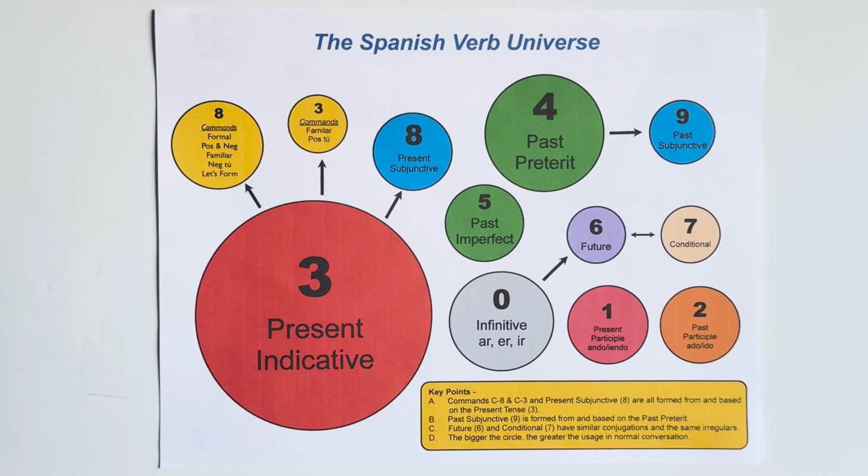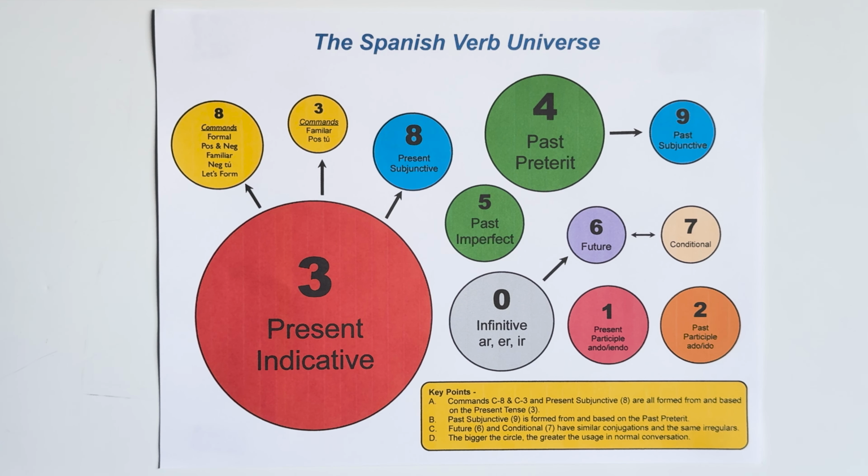That's why when we talked about that engine, the engine block, the left side and the right side in the top middle, we talked about the left and right sides being the present tense and the past preterite. And we talked about the top middle part of the engine being the infinitive. Everything else builds on to the present infinitive and the past preterite. But by far, what we speak most and hear most in the Spanish language is the present indicative, number 3.